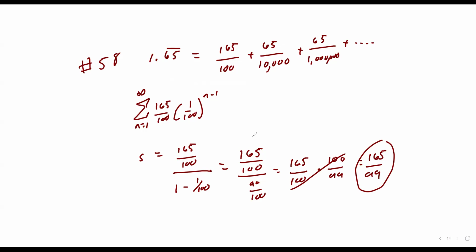They got 164 over 99. How in the world would they do that? You know what? Let's plug it in. Again, I might have used the wrong first term, which I did earlier. So that would be 165 over 100 times, no, because you plug in 1, that would give you 0.